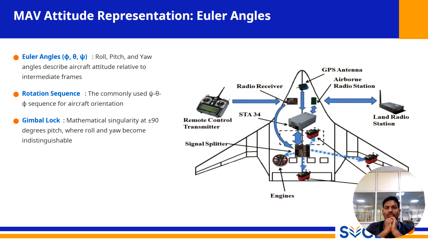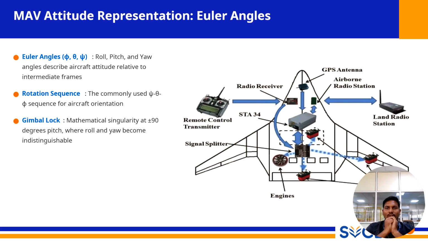To ensure consistency, engineers and scientists agree on a specific convention. The commonly used rotational sequence for aircraft is the psi, theta, phi sequence, which means that to define the final orientation, we start with the aircraft level and pointing north.